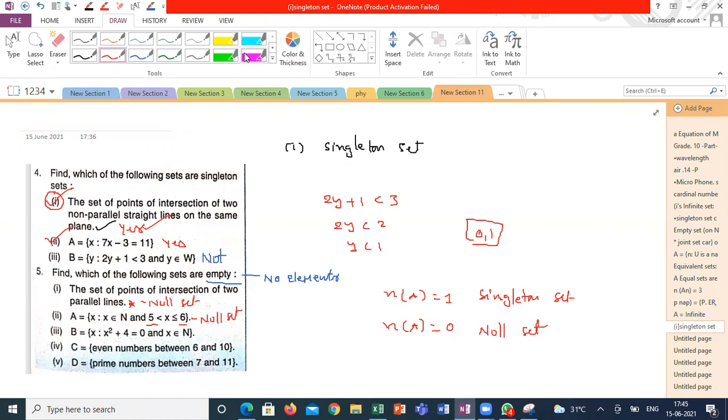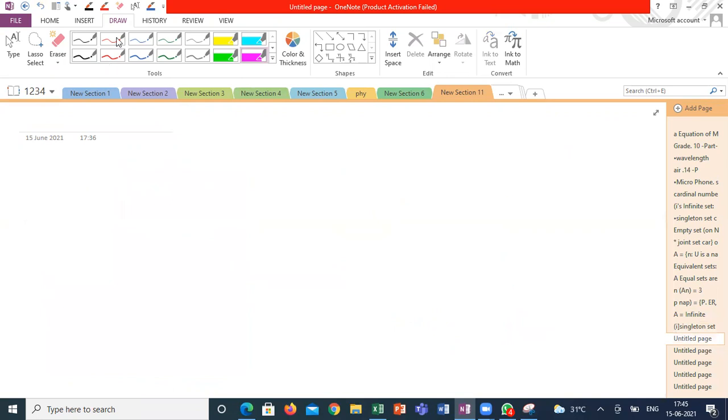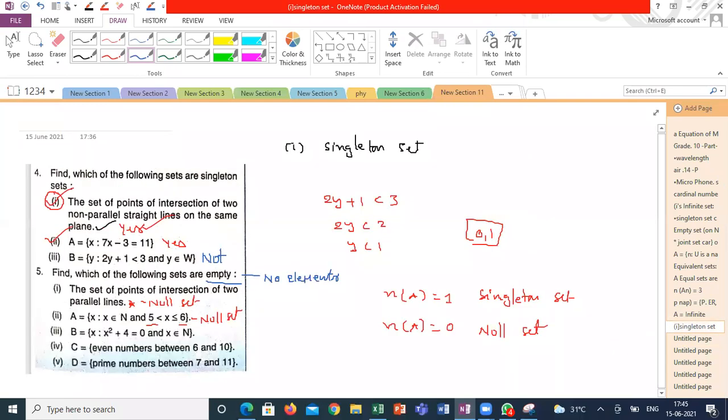See, there are three cases of lines in a plane you can draw. One is intersecting, another is parallel, another is coincident. Here I am not considering this case. Then only I can answer the first question of the fourth and the first question of the fifth. Otherwise, I am not going to consider these questions.